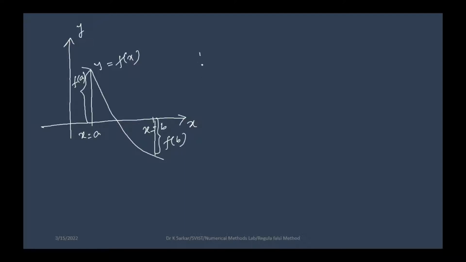Here you see f(a) is greater than 0 and f(b) is less than 0. So f(a) multiplied by f(b) is less than 0. In this case f(a) and f(b) are of opposite signs, so there exists a root in between a and b.